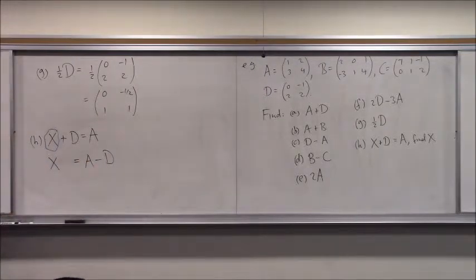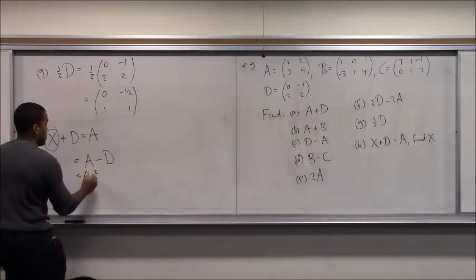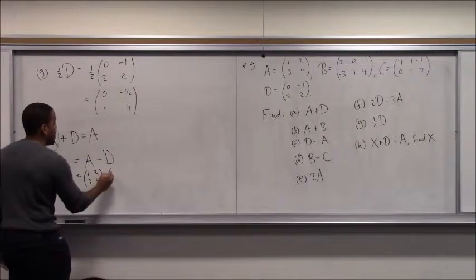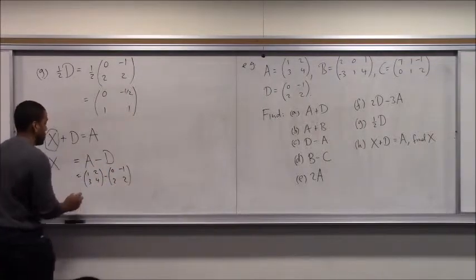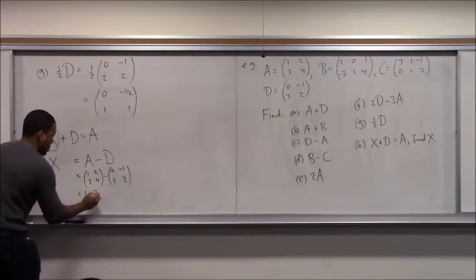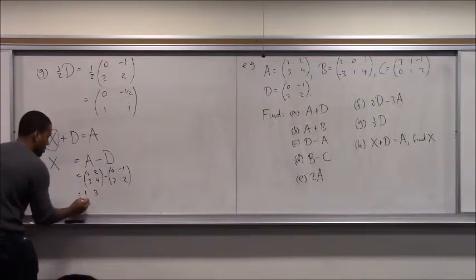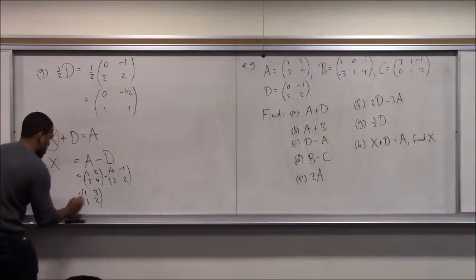And then you do A minus D with the matrix: 1, 2, 3, 4, minus 0, minus 1, 2, 2. That would be 1 minus 0, 2 minus minus 1, 3 minus 2, and 4 minus 2. So that would be your x.